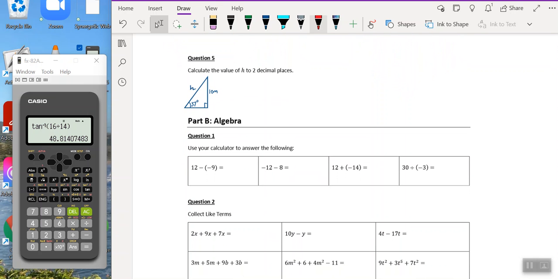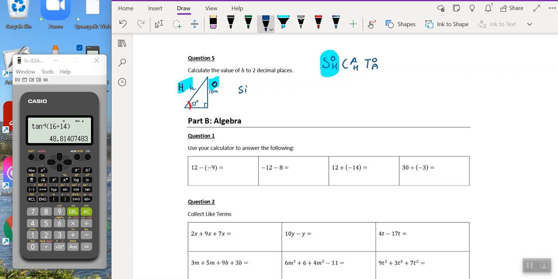So again, we're going to decide whether it's a sine, cos, or tan question. So from the angle here, we've got the hypotenuse and we've got the opposite this time. So what will it be? Sine, cos, or tan? Well, the SOHCAHTOA tells us that when we've got O and H, it's going to be a sine question.